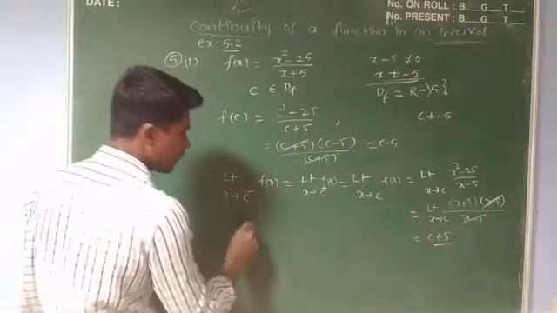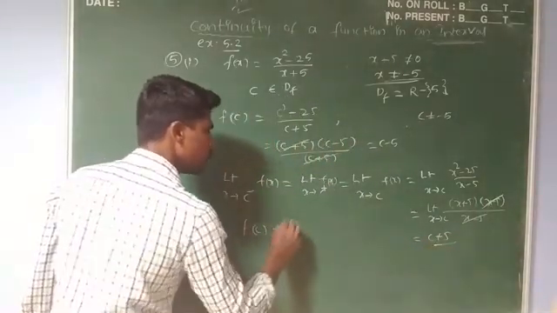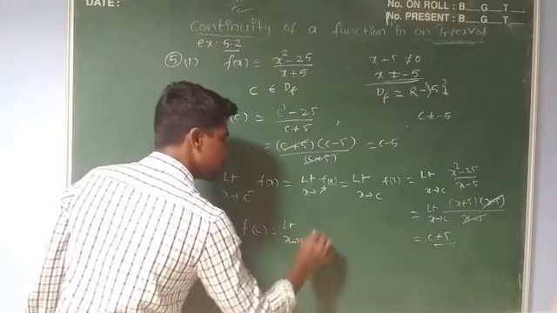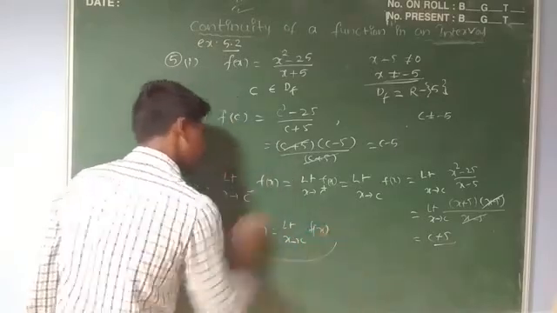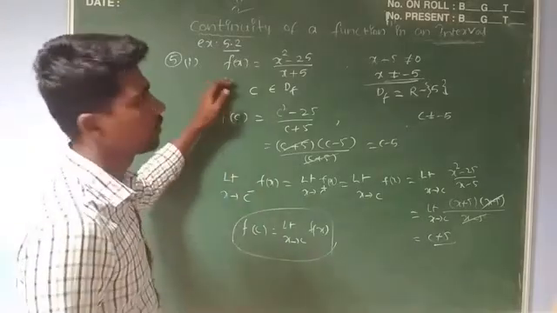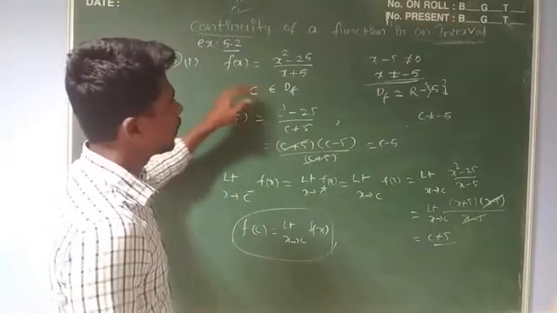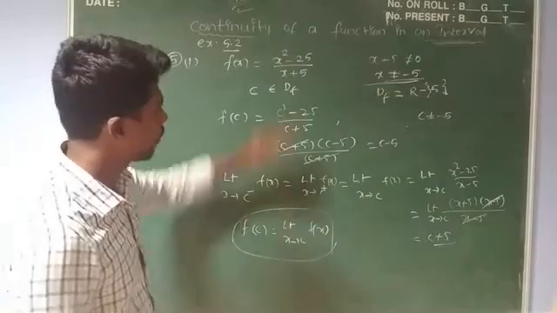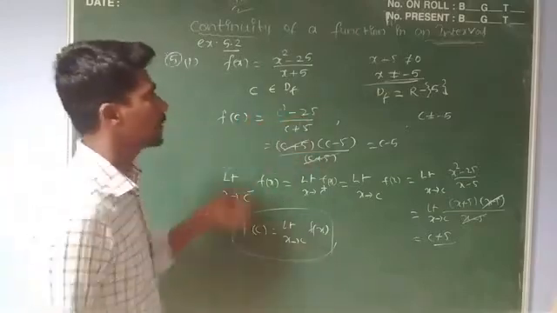Here f(c) is equal to limit as x tends to c of f(x). So the function is continuous for all its domain. For its domain except minus 5, the function is continuous.